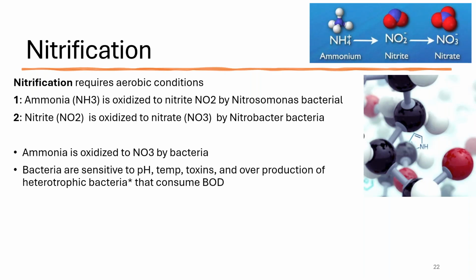Also, we want to carry a higher amount of microorganisms in the aeration tank because we want to bring in as many of these nitrifying bacteria as possible. And these bacteria are pretty sensitive. They're sensitive to pH, temperature, any kind of toxins can result in them either not being able to nitrify or even dying.